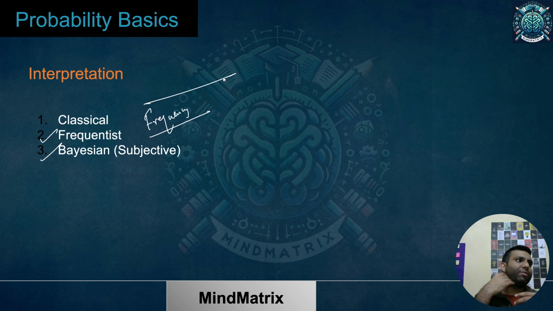For example, you would not say that the probability of getting a head or a tail is 0.5 based on only one or two tosses. You would repeat it 100 times, 1,000 times, maybe a million times, recording the frequency for each one of these.